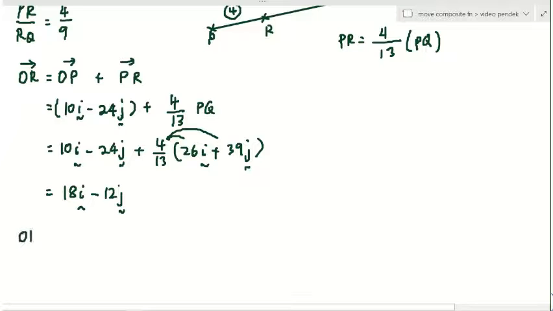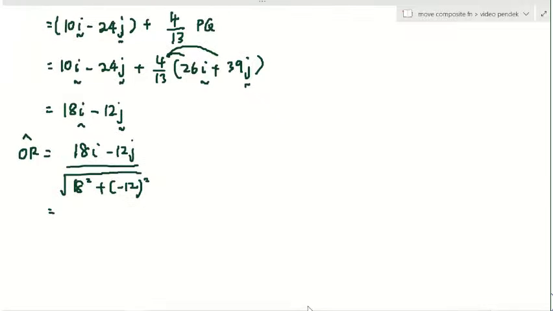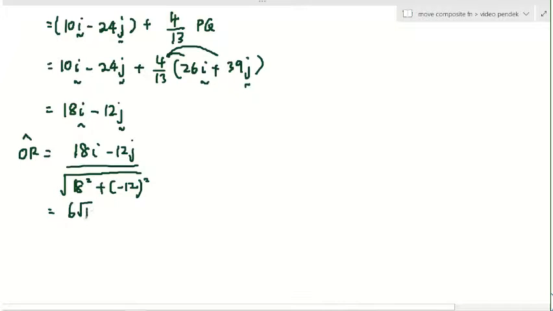OR unit vector is 18I minus 12J divided by the square root of 18 squared plus negative 12 squared. It is equal to 6√13.